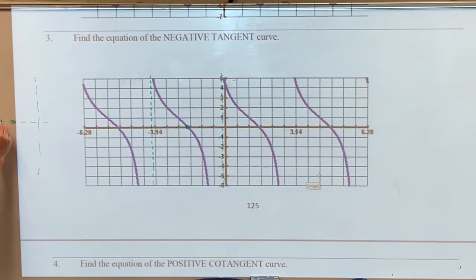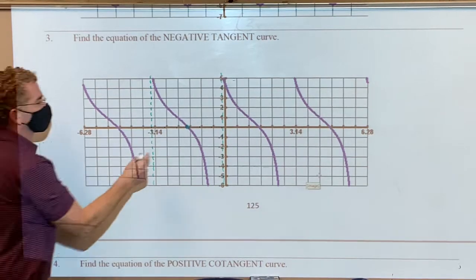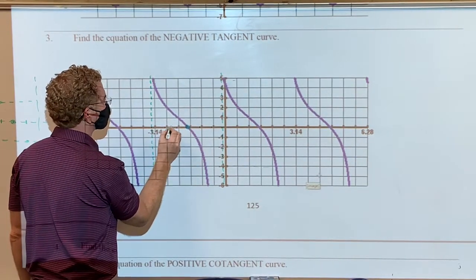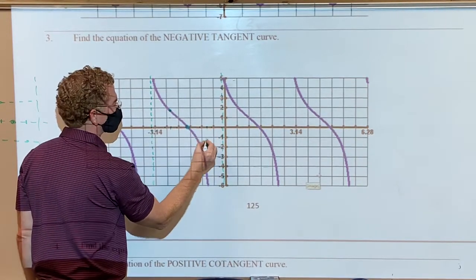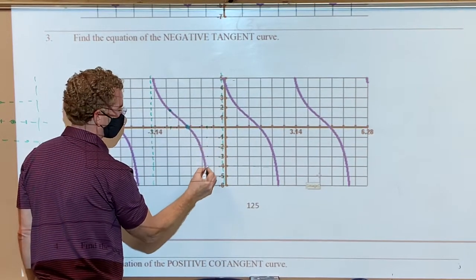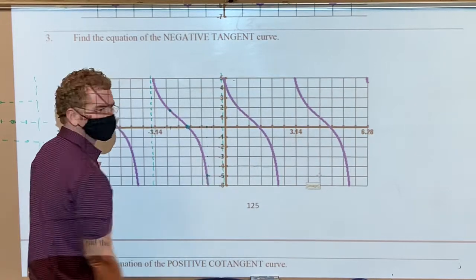Halfway between this and this, don't I go up to my A? And then halfway between this and this, I go down to my A? Isn't that what's supposed to happen? And isn't that amount supposed to be the same? Well, let's check this. Halfway between this and this, it looks like I'm going up 1.75. Halfway between this and this, it looks like I'm going down 5.